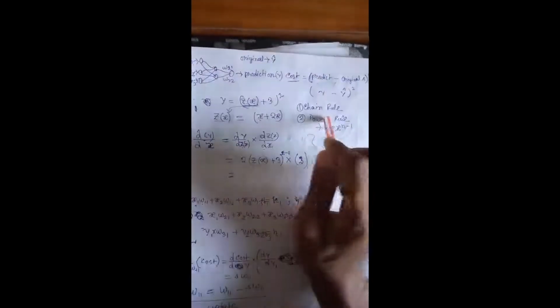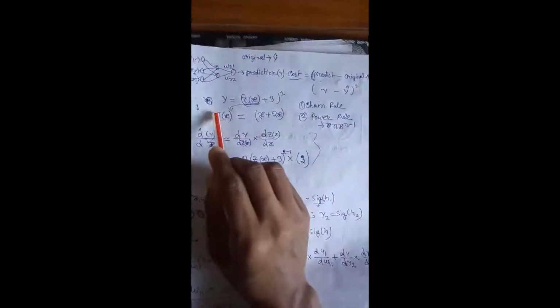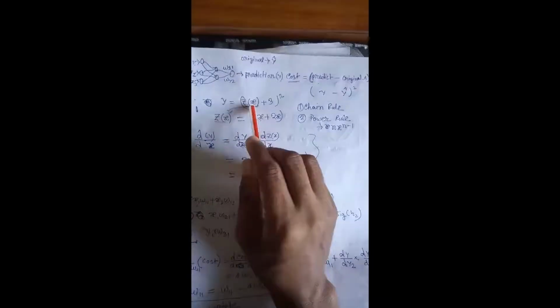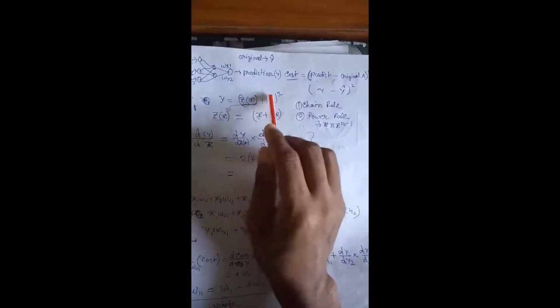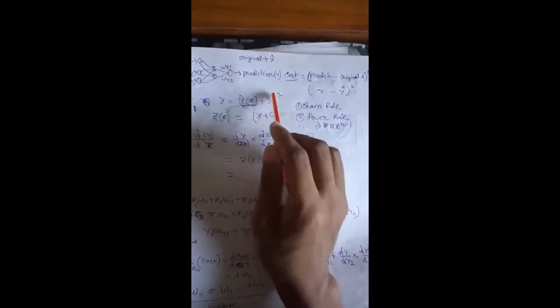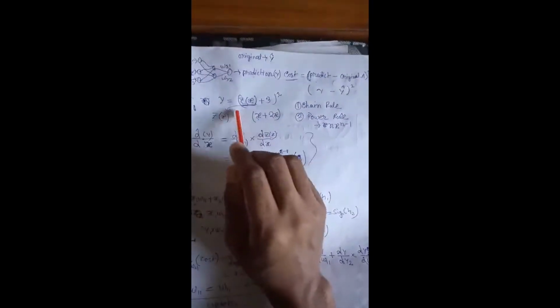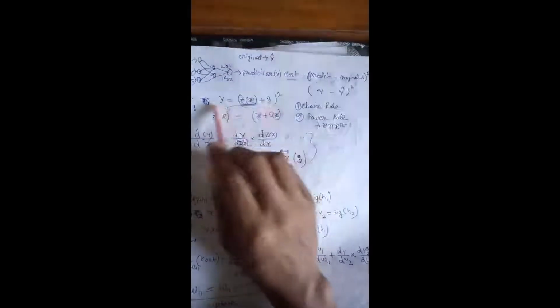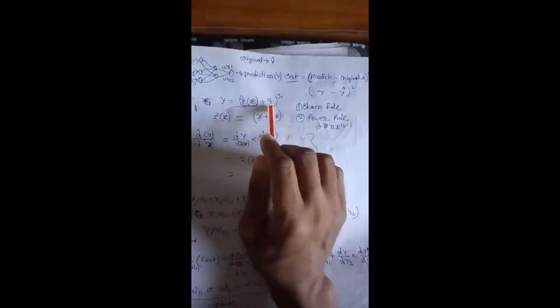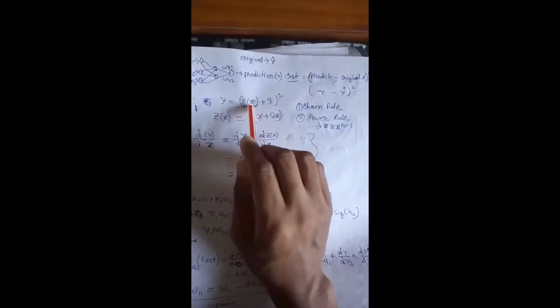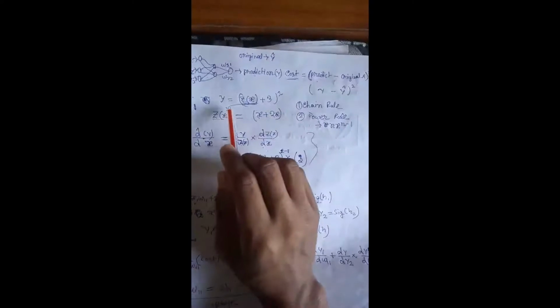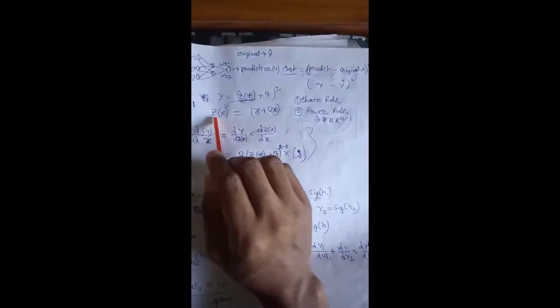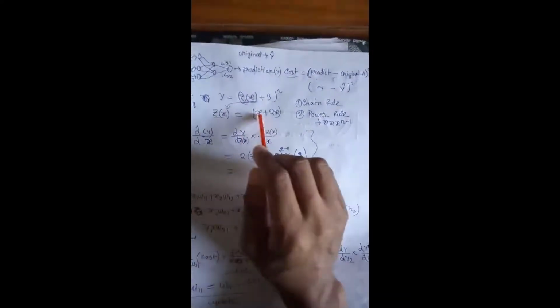And what is the chain rule? If we have a function of another function, plus something or a constant, to the power of 2, then we apply the chain rule, because we have an inner function inside. How can we apply it? Say z of x equals x plus 2x.